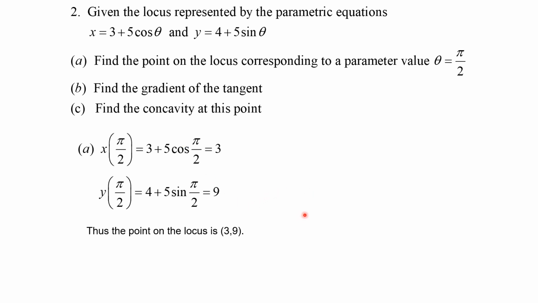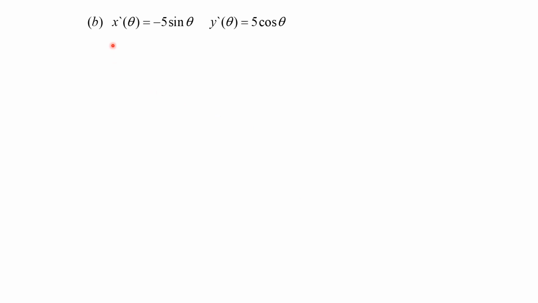Part B, we need to identify the dy dx. So dy dx is simply y prime over x prime. From the original x and y equations, x prime is negative 5 sine theta and y prime is 5 cos theta.